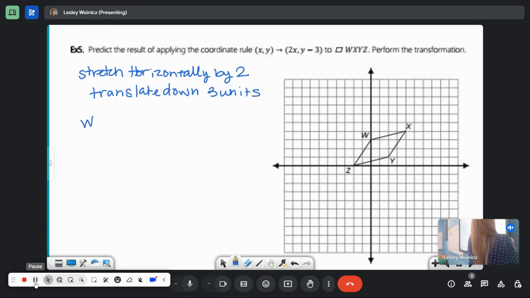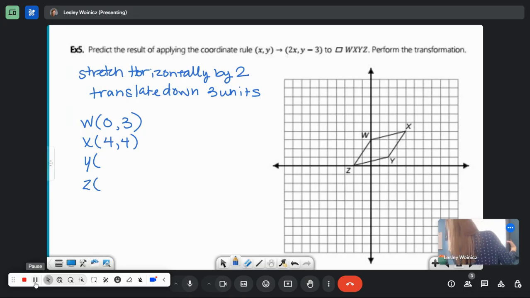Okay, W, X, Y, and Z. What are the coordinates for W? (0, 3)? X is (4, 4)? Y is (2, 1)? And Z is (-2, 0). So two different things are happening. The x's are getting doubled.